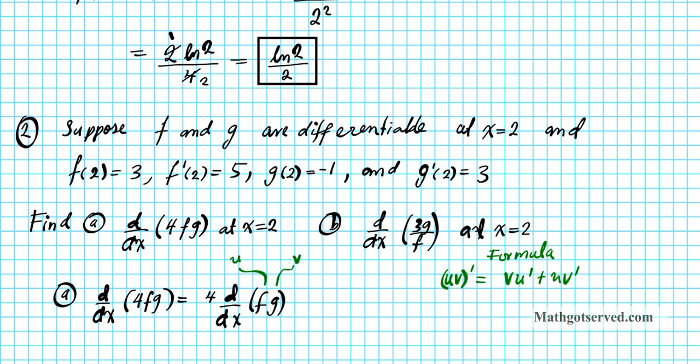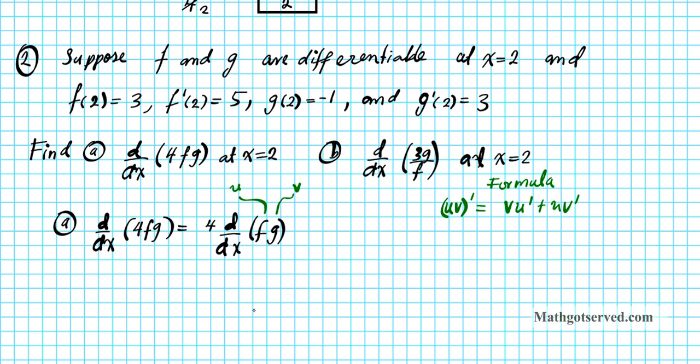Alright, so let's apply the product rule here. If we do that, the derivative is going to be equal to 4 times v, which is g, times u prime, f prime, plus u, which is f, times v prime, which is g prime. Alright, so we're evaluating the derivative at x equals 2.